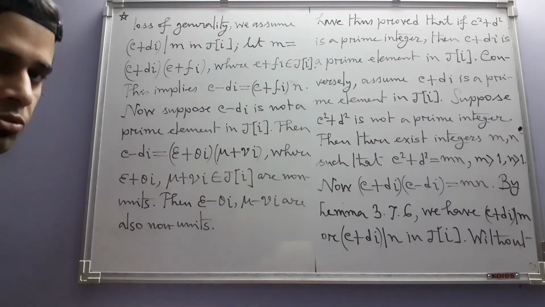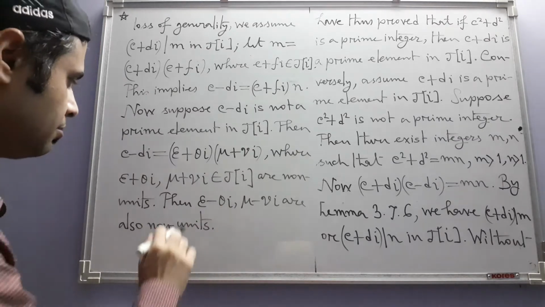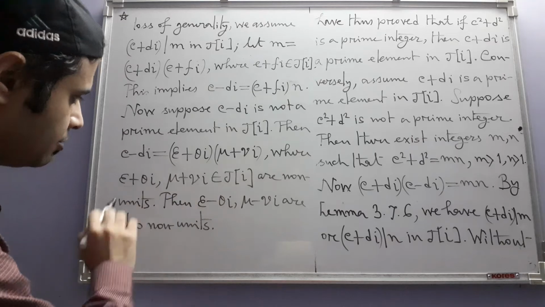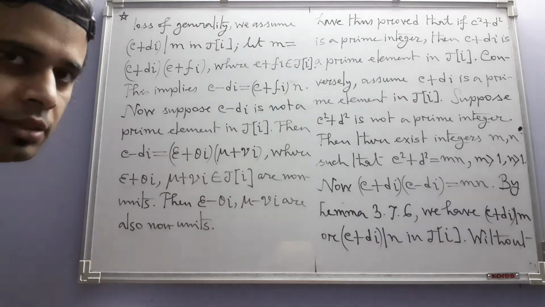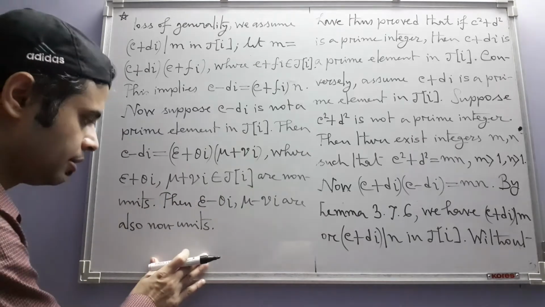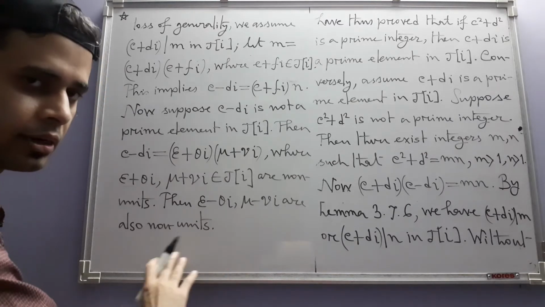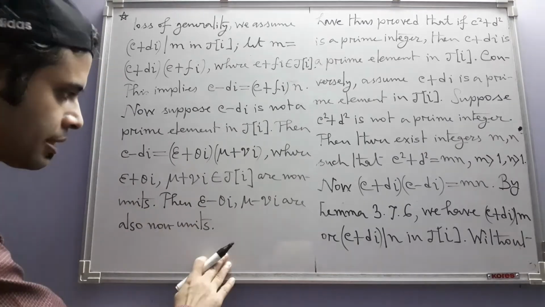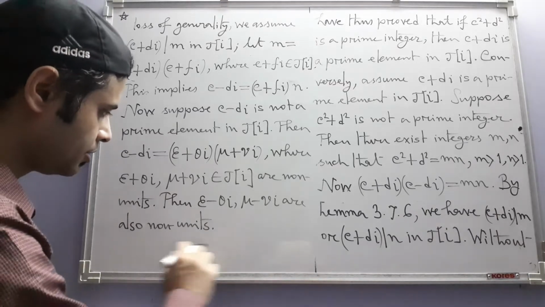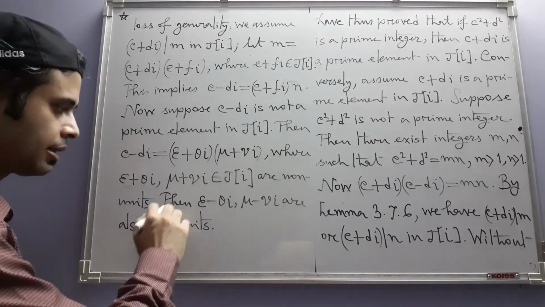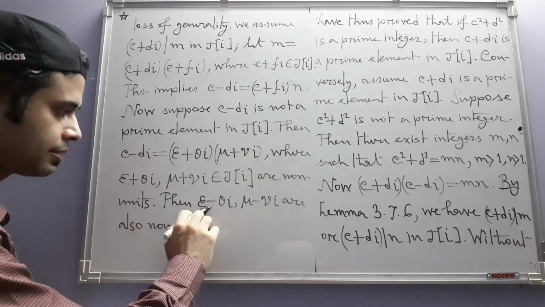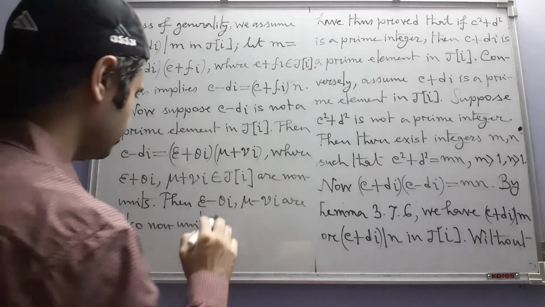The justification for this at least you can remember, because if they were units, each one of them would have an equation showing the product of the element and something else equal to 1. You take complex conjugate on both sides, and that's how you get the fact that these are also non-units.